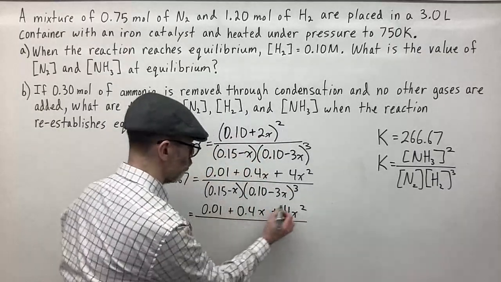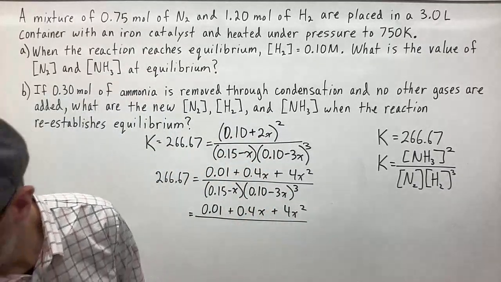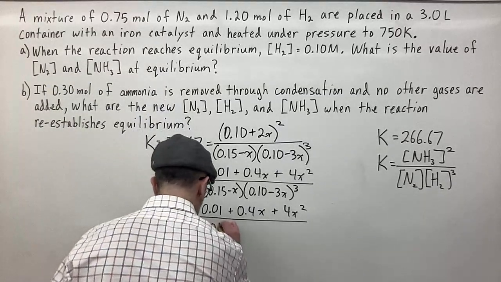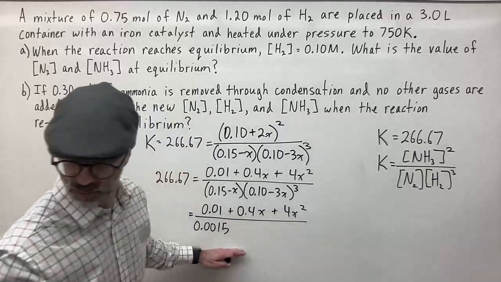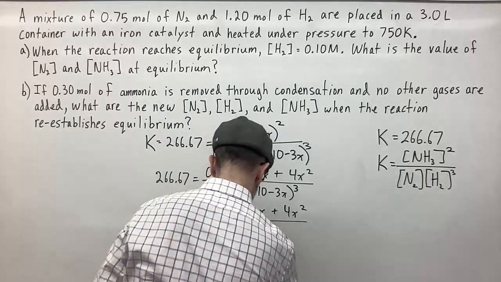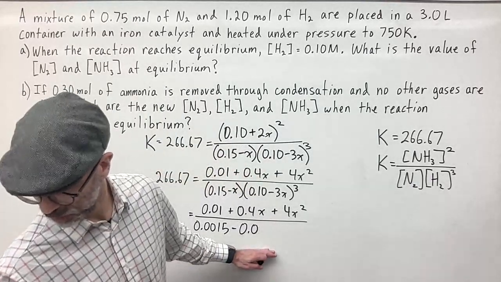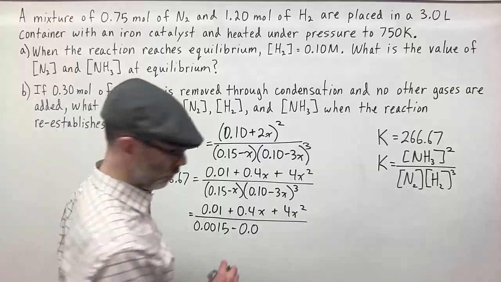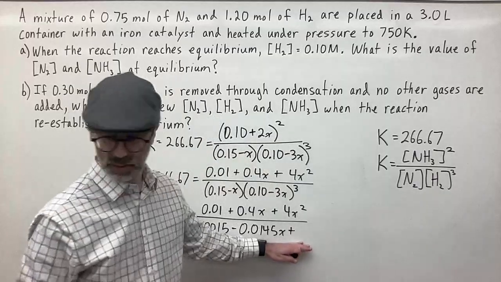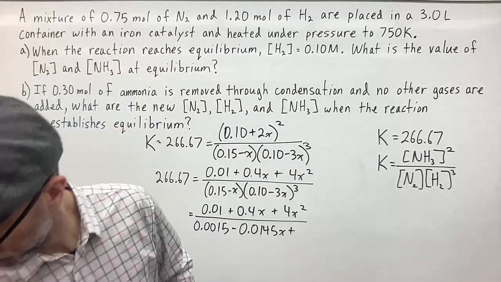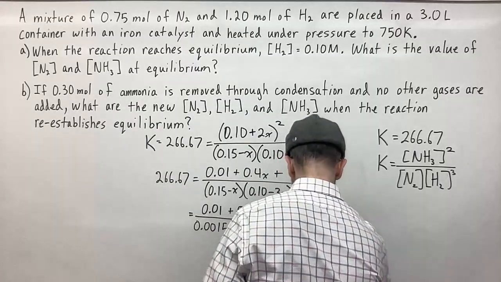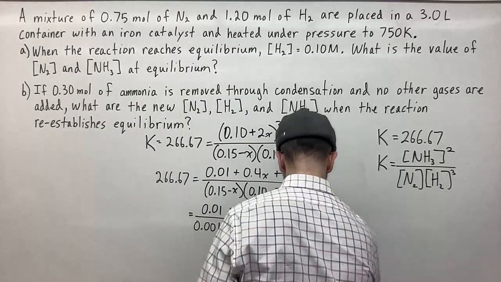And then when you expand all of that, you get 0.0015 minus 0.0145x plus 0.225x squared.